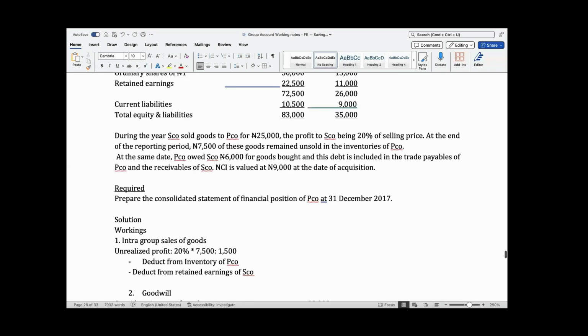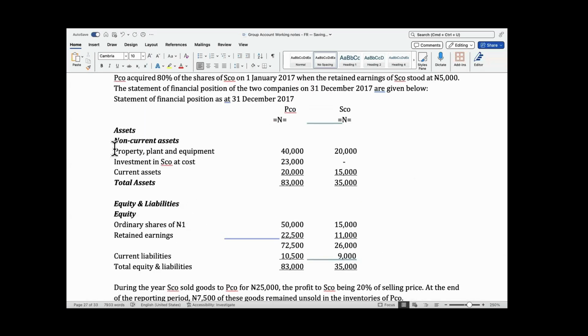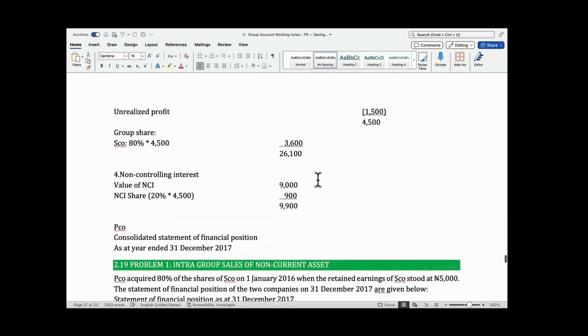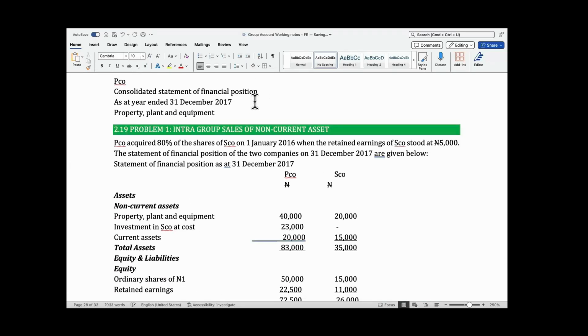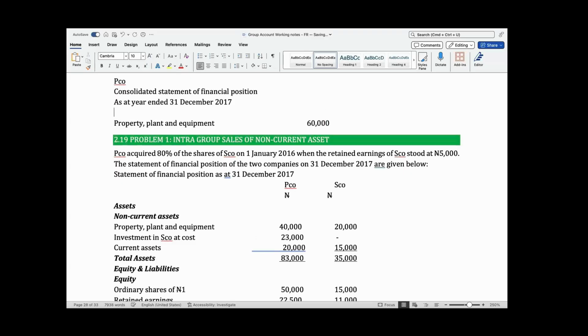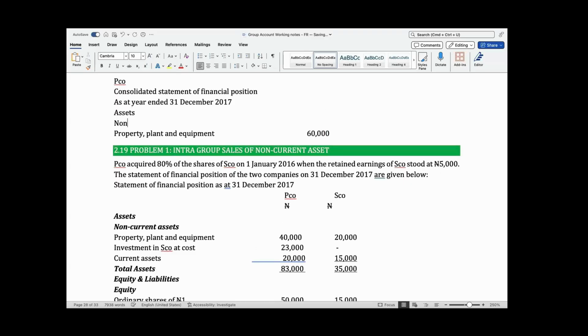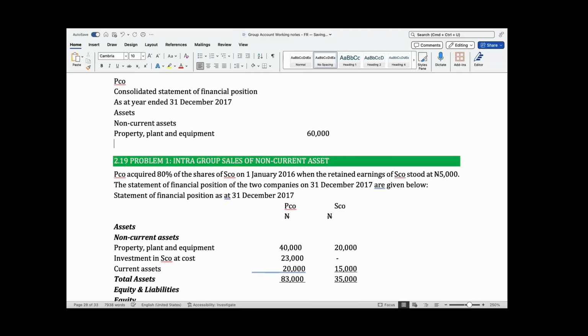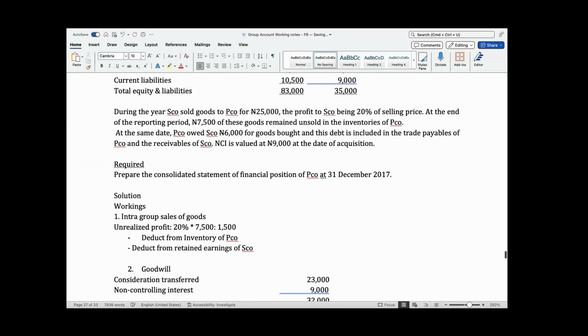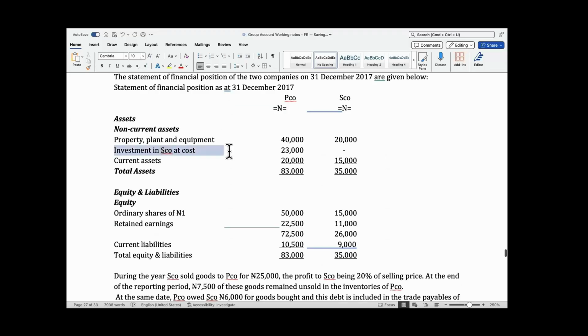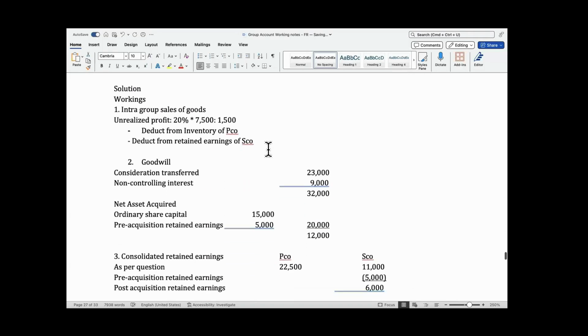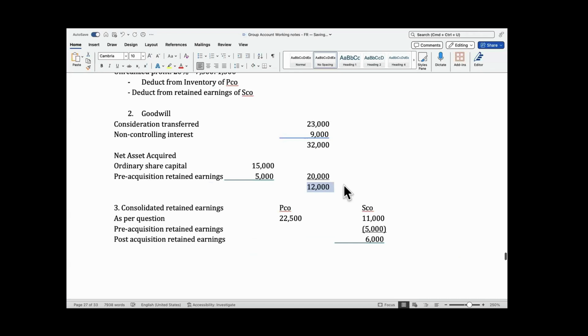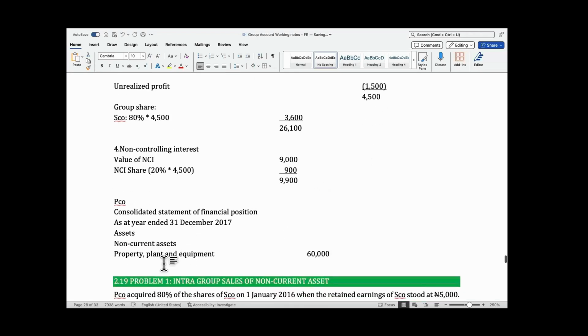Okay. First item is PPE, and this is giving us 60,000. After PPE, the investments, which we canceled out, we're having 12,000 as goodwill.